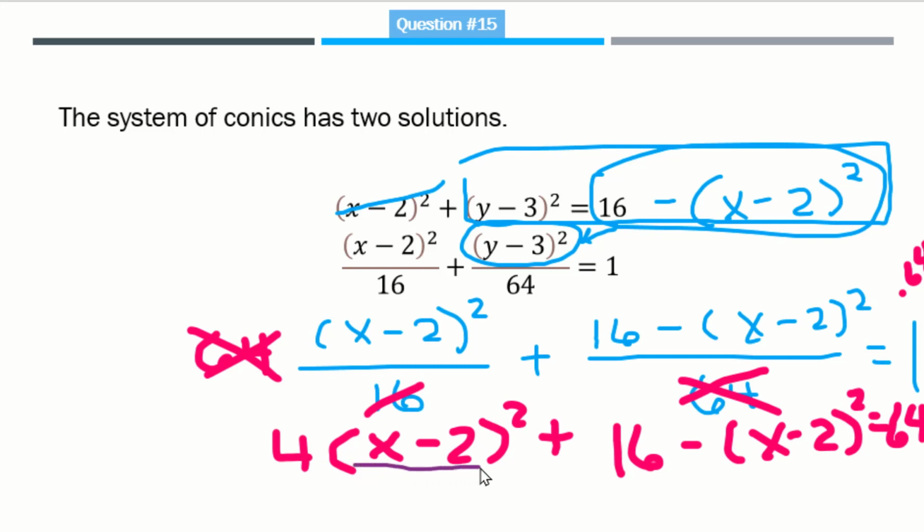I'm going to go ahead and FOIL that out. I'm going to go back up to the top left. And I have 4 times x squared. We have a negative 2x and another negative 2x. That's negative 4x. And then the last term is going to be negative 2 times negative 2, and that's a positive 4.